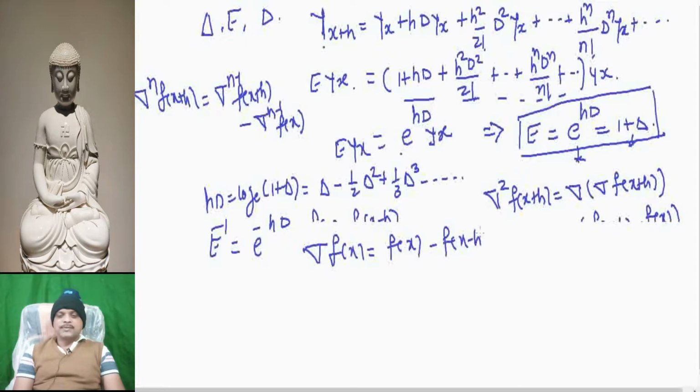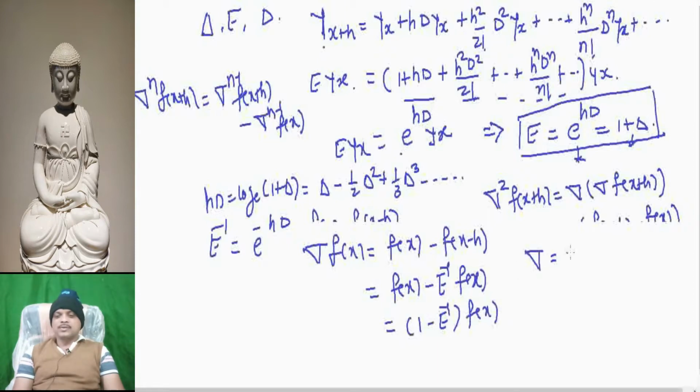So, this is f(x) minus E raised to minus 1 f(x), which equals 1 minus E raised to minus 1 times f(x). So, we get the relation between nabla and the shifting operator E: nabla equals 1 minus E raised to minus 1, meaning 1 minus e raised to minus hD, or e raised to minus hD equals 1 minus nabla.